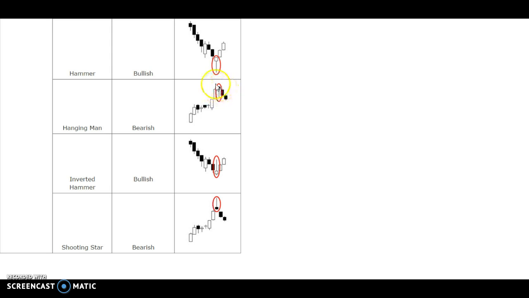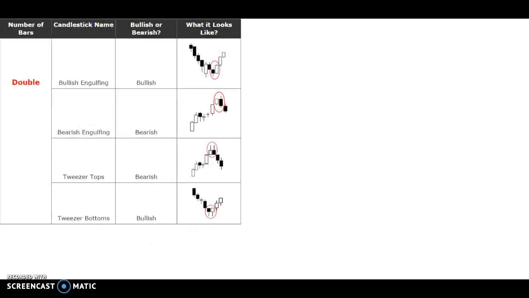So that's harder to logic the way I just did, but these hanging man, inverted hammer, shooting star are more inverted versions of each other. This is more of an inverted dragonfly where we had all this buying but still ended up red on the candle close, okay? So we move on to the double bars. Some of these names are crazy.